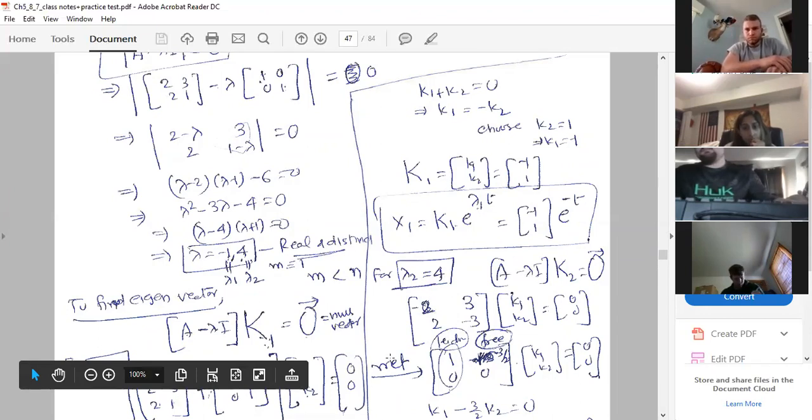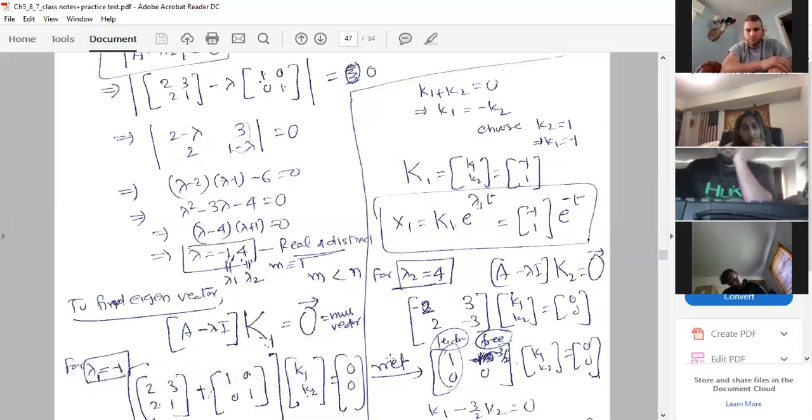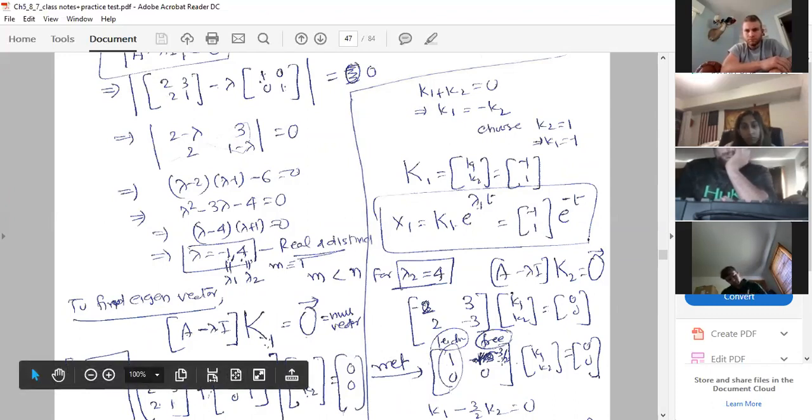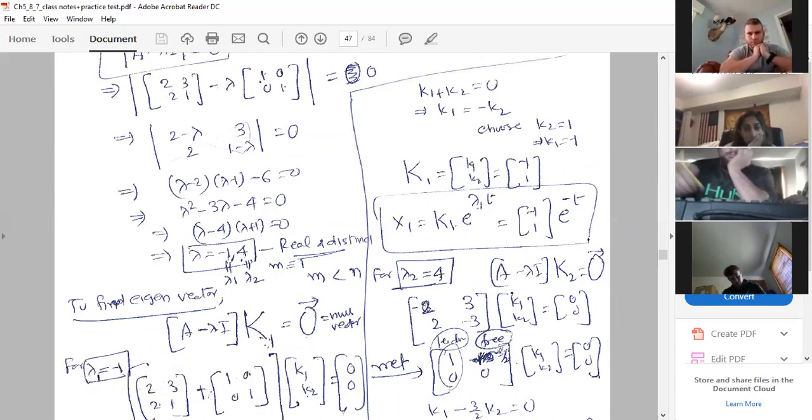Again, give the command RREF, reduced row echelon form, in your calculator, TI-83, 84, 89, whatever you are using. You will be getting 1/2 and -3/2. In your calculator, you will be getting -1.5. Again, I told you that if it is possible, try to write the fraction and avoid the decimals.